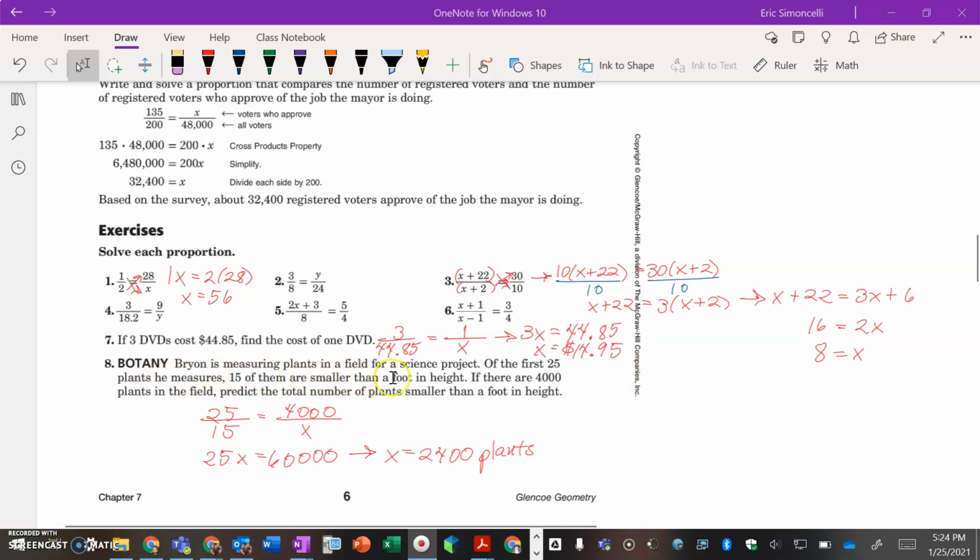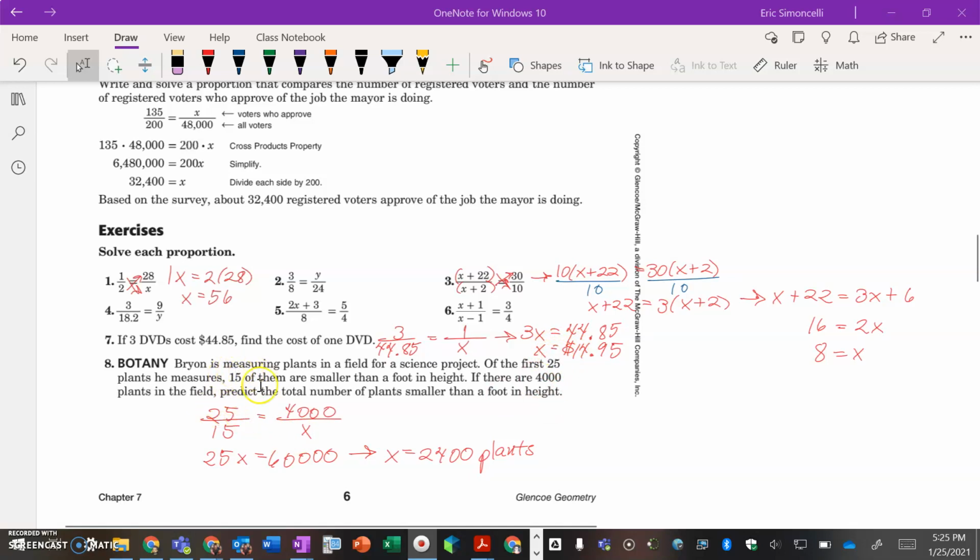All right, last but not least, number 8. Byron is measuring plants in a field for a science project. Of the first 25 plants he measures, 15 of them are smaller than a foot in height. If there are 4,000 plants in the field, predict the total number of plants smaller than a foot in height. So the first quantity, 25 plants, that's the total.